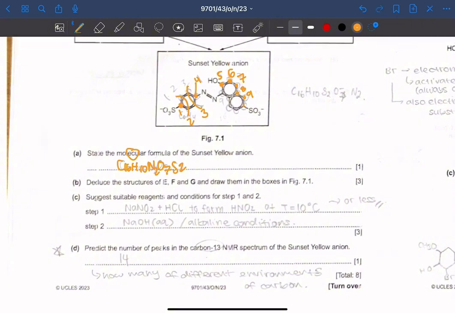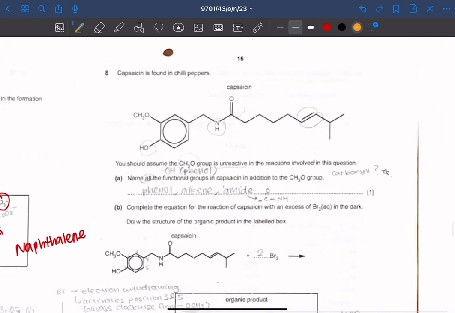So it's counted as separate carbons with different environments. Carbon 10, carbon 11, carbon 12, 13, and 14 are different environments of carbon. And so there are 14 different peaks of carbon-13 in the NMR spectrum. Number 8.